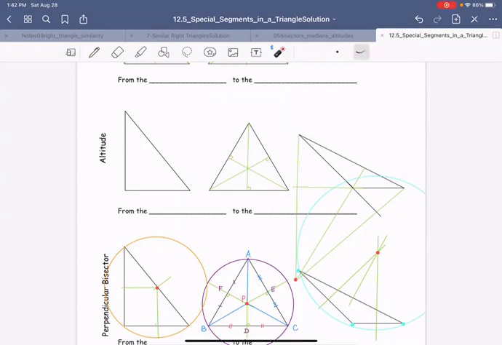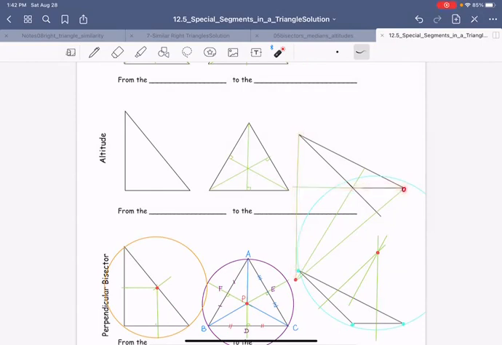So for the obtuse triangle, if you want to draw the altitude, you draw this way. This is easy to draw. But from this point, if you want to draw the altitude, this altitude will be outside the triangle, okay? Because this is bigger than 90 degrees. If you want to draw the line perpendicular to this line, you have to extend this way, and then you draw the perpendicular.